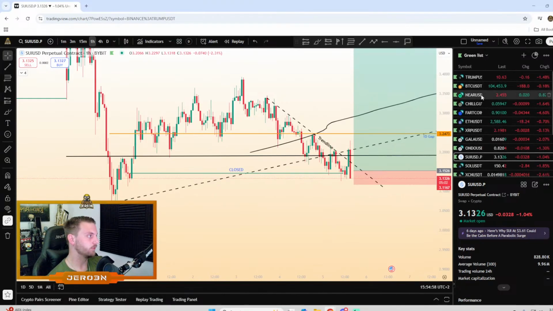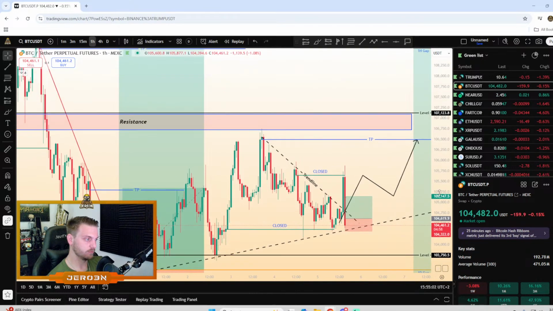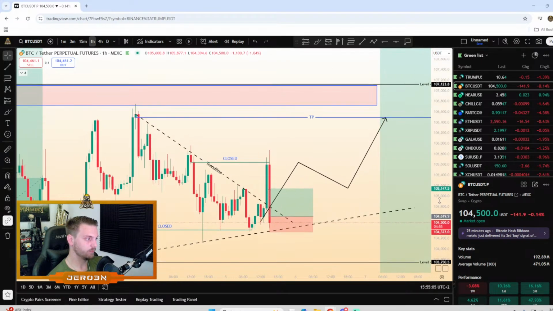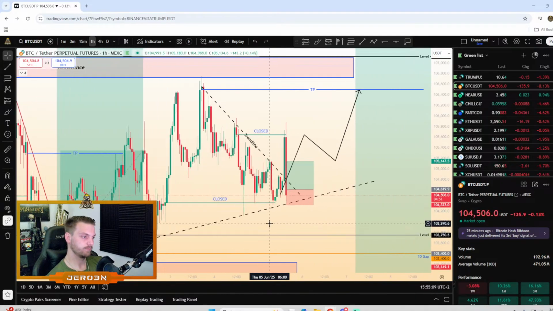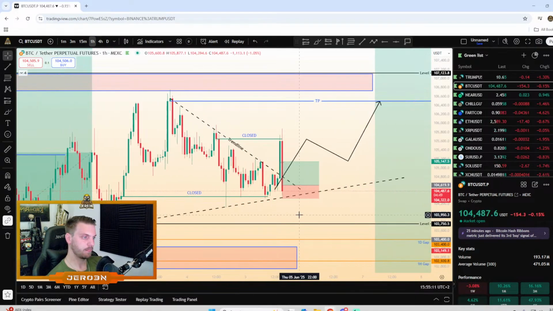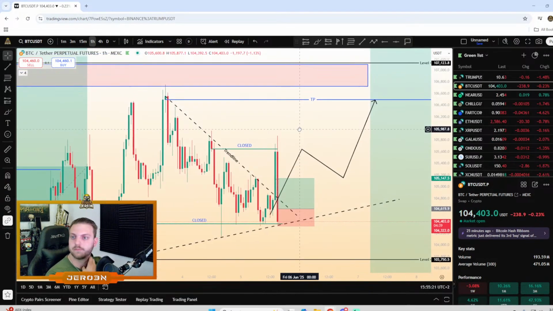Oh, this is Sui. Are we touching the 1 hour gap and continuation up? Or are we going to break through again?